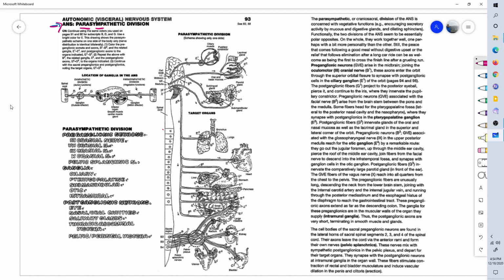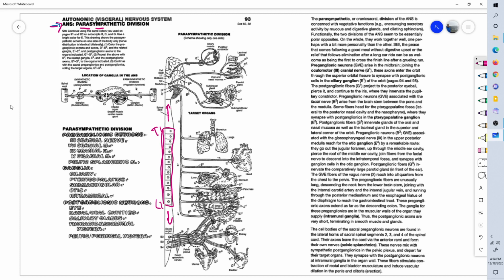And recall that we've already discussed the sympathetic nervous system, which was in the spinal cord area of T1 to L2, thoracic 1 to lumbar 2. So the parasympathetic is the system that's next to or surrounding. So it's above and below.